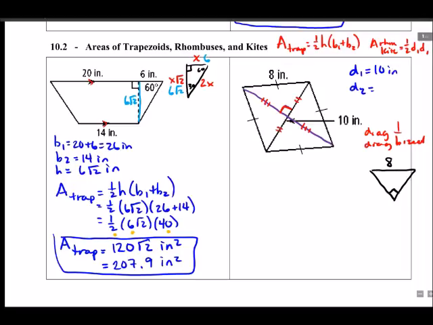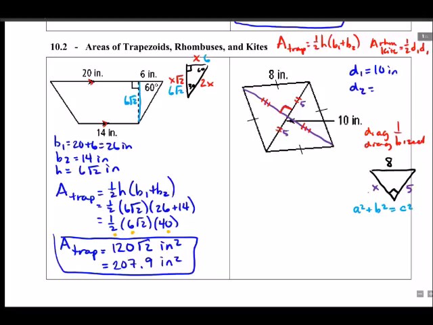And how long is this piece right here? Well, this is 5 and 5 because our diagonals bisect. So that one's 5. And we are looking for x. Right there. Right triangle, we know 2 sides. So that's a squared plus b squared equals c squared.